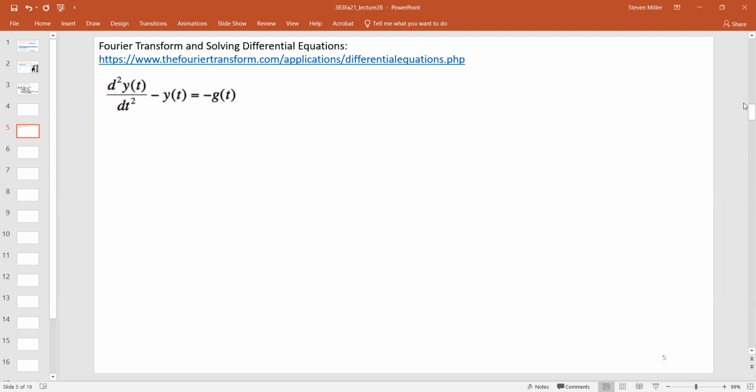So typically what we do is we first solve the version where instead of minus g of t on the right, we put in 0. Let's find the solutions in that case. Because any function y that satisfies y double prime of t minus y of t equals 0, I can then just add onto this because it's a linear operator. And then we solve the version with g of t. So let's take Fourier transforms.